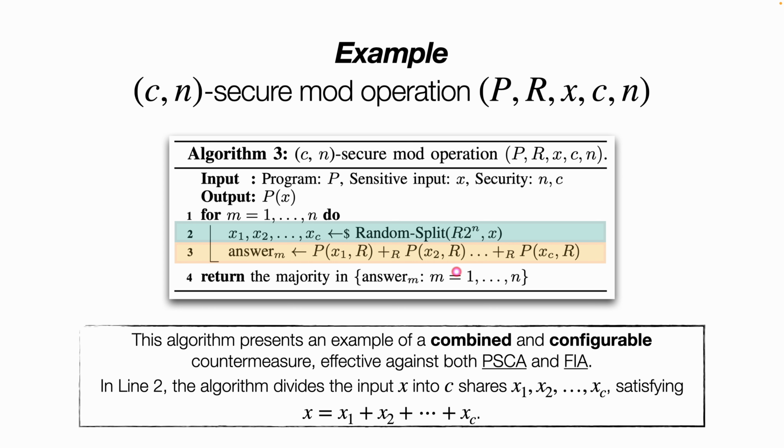And then we query the original function P with each random share from X1 to XC with a given field, right? And then we collect the answers in an array, in a list, and then we return the majority of the votes of the results, sorry. And then we can adjust N and C to make it stronger against fault injection and power side-channel attackers.